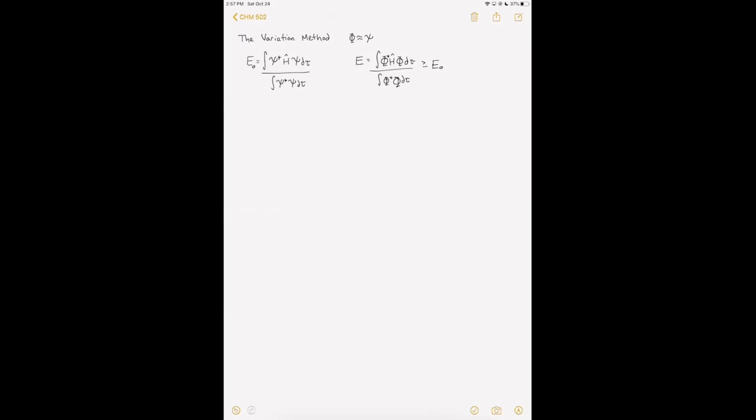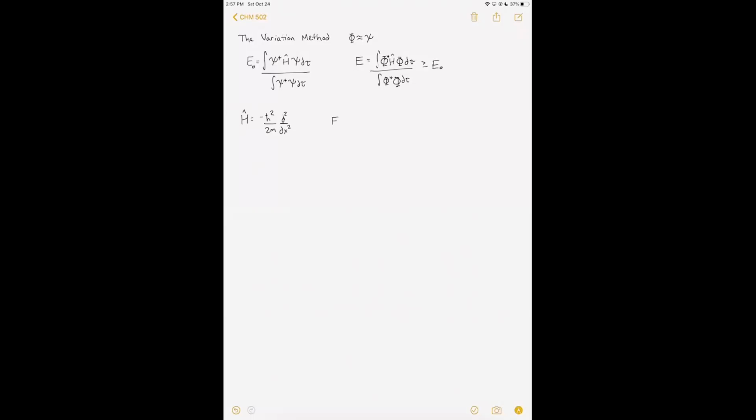So we're going to attempt to use this variation method to solve for the energy of the particle in a box. For the particle in a box, remember that our Hamiltonian is simply equal to negative h bar squared over 2m times the second derivative with respect to x, and there is no potential energy for the particle in a box.